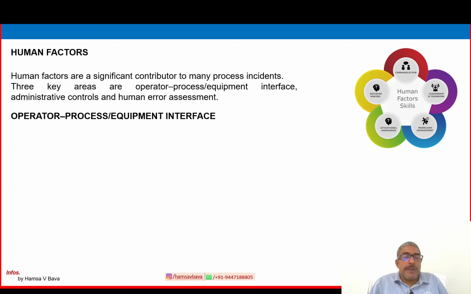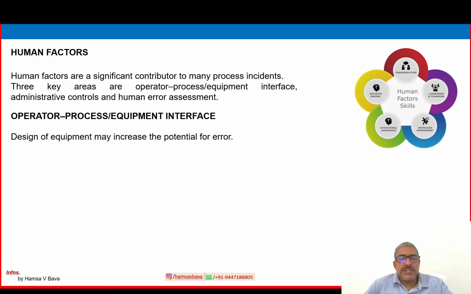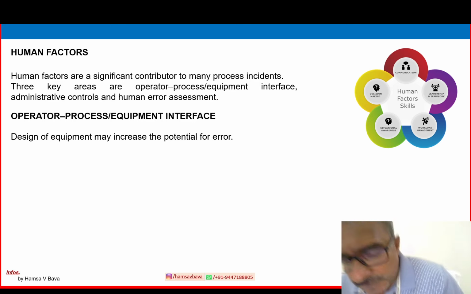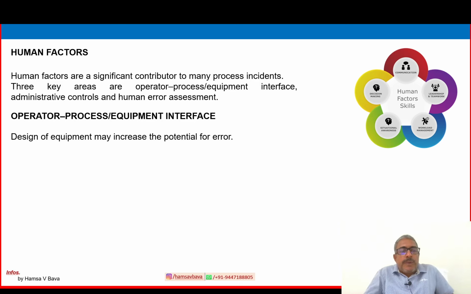Let us discuss the operator process equipment interface. We are focusing in this video on PSM, process safety management, especially in the hydrocarbon industry. Design of equipment may increase the potential for error.